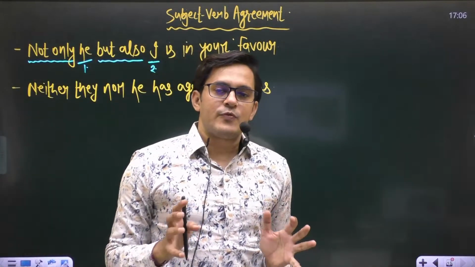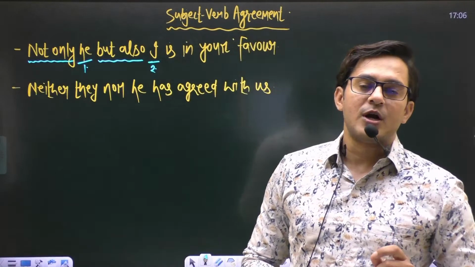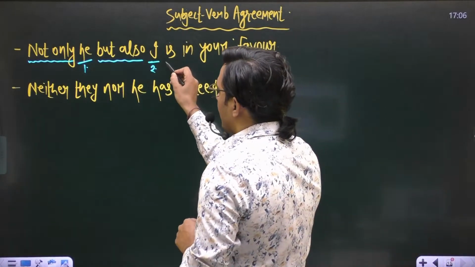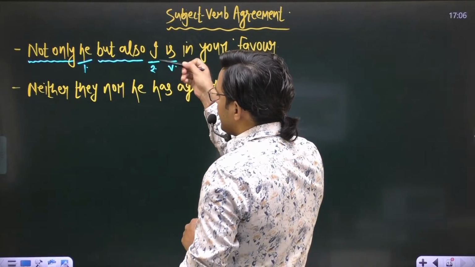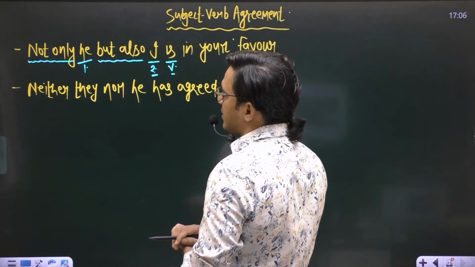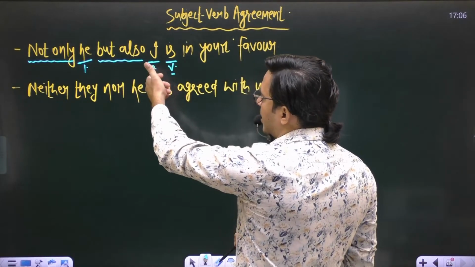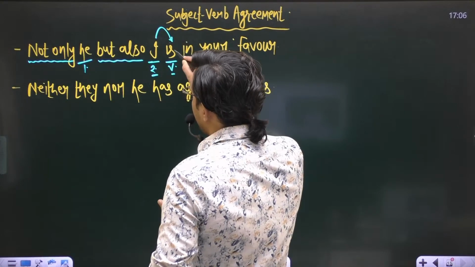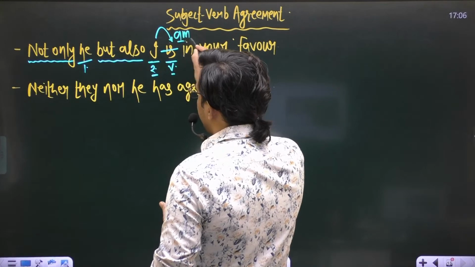Whenever 2 different subjects are connected by pair conjunctions, make sure verb is used according to its nearest subject. And which one is the nearest subject to the verb? As we know, second subject is the nearest one, or you can say we use a verb according to the second subject. So this verb will be used according to I, and as we know I demands am with it, right?